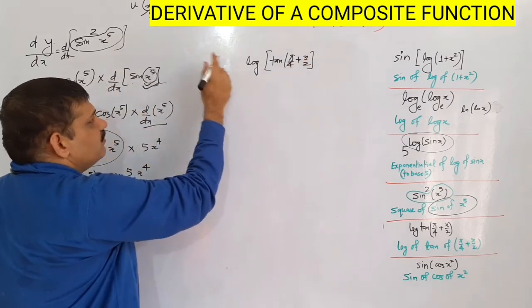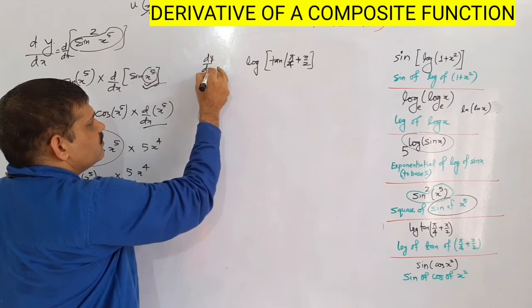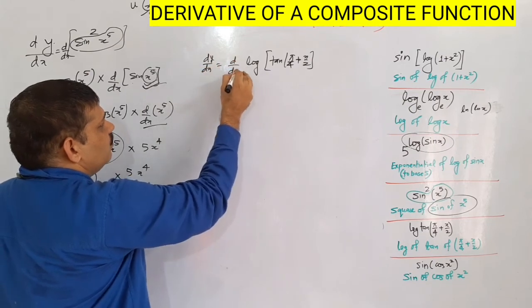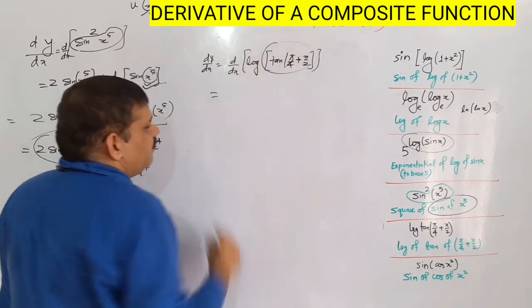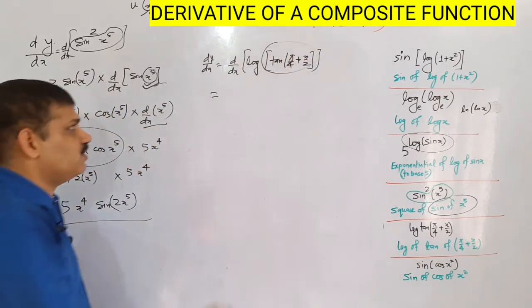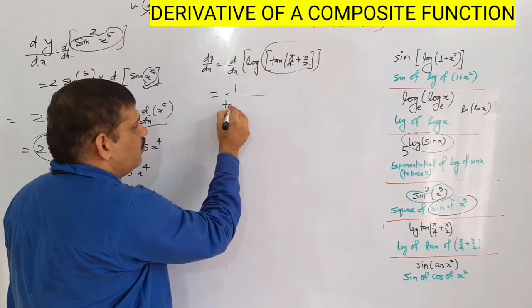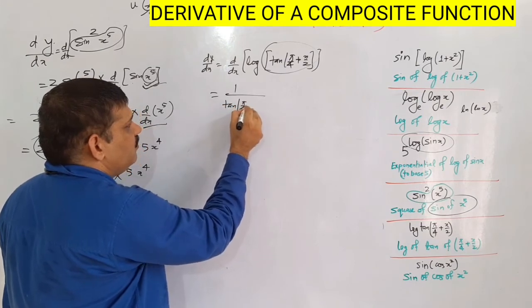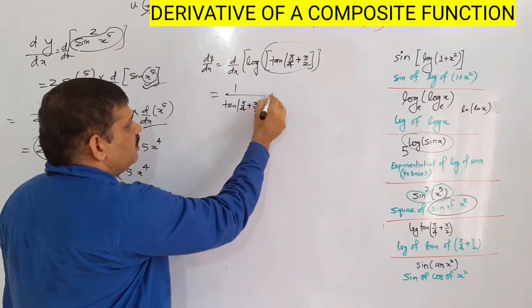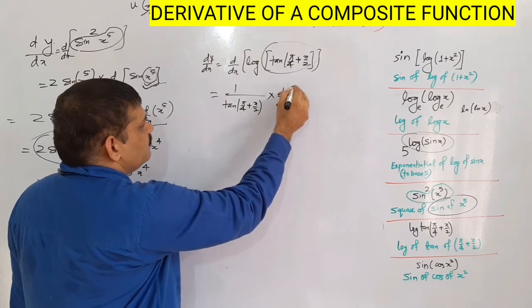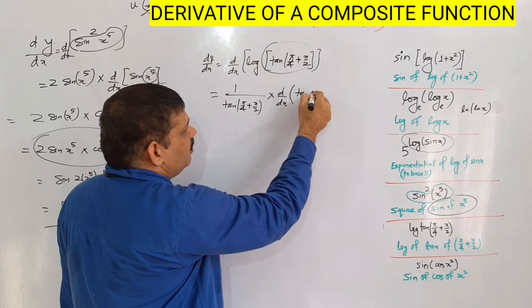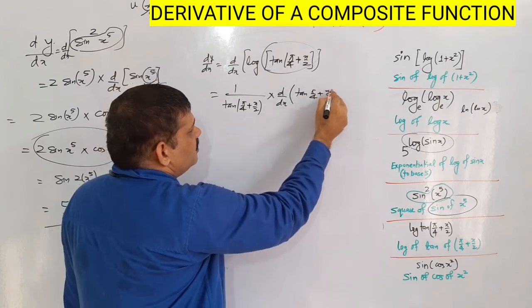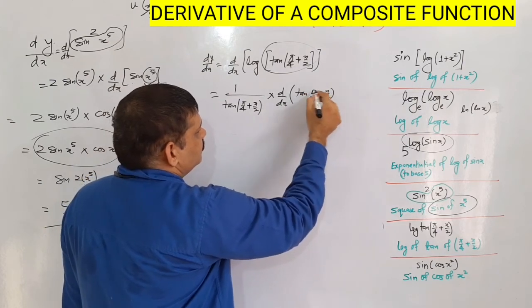Now on differentiating, we get the derivative of y with respect to x is the derivative of this whole. Log of u, the derivative of log of a variable is 1 upon variable, that is 1 upon 10 pi by 4 plus x by 2, into the derivative of that which we have treated as u. So this was u, derivative of 10 pi by 4 plus x by 2.